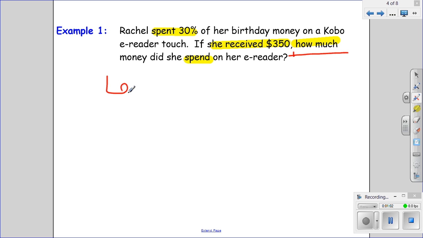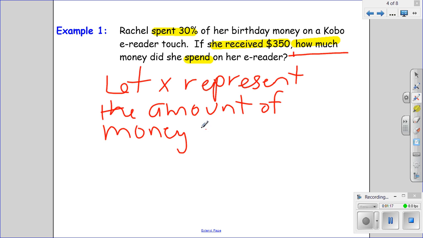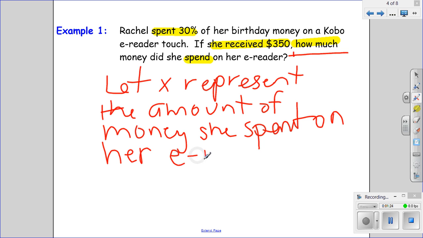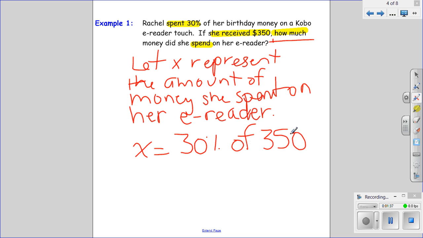Okay, so we can say let X represent the amount of money she spent on her e-reader. Now, we know that she spent 30% of her money, so it's 30% of $350.